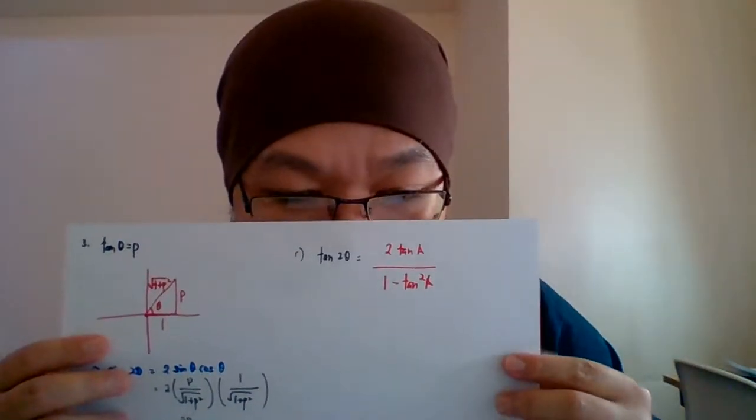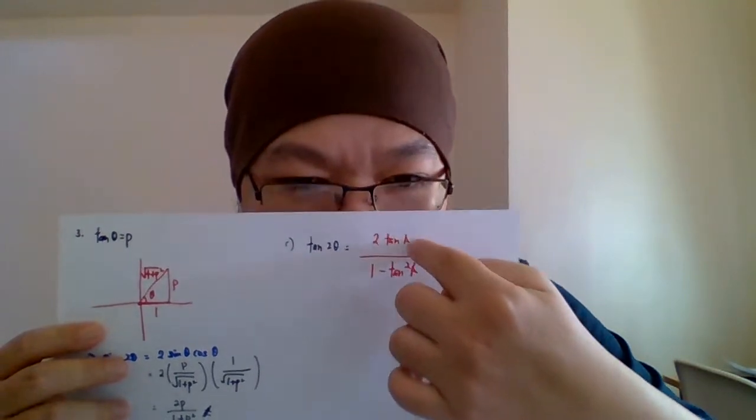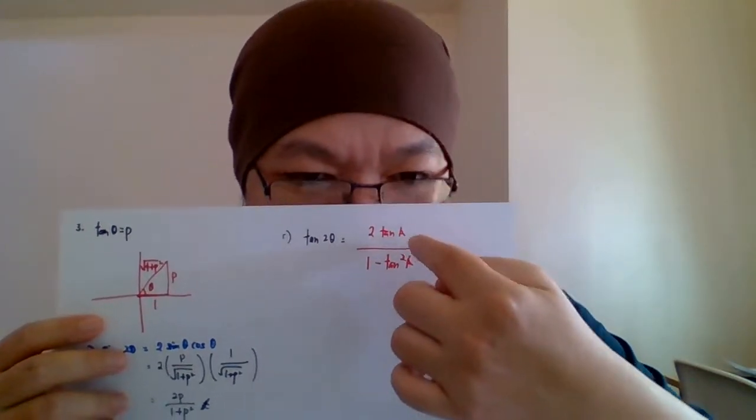Tangent 2A equals 2 tangent A over 1 minus blah blah blah whatever. Cut and paste. So 2 tangent A over 1 minus tangent squared A. Okay guys, this is the formula. Okay, from identity. Tangent 2 theta equals 2 tangent theta. This one actually theta, bukan A lah.